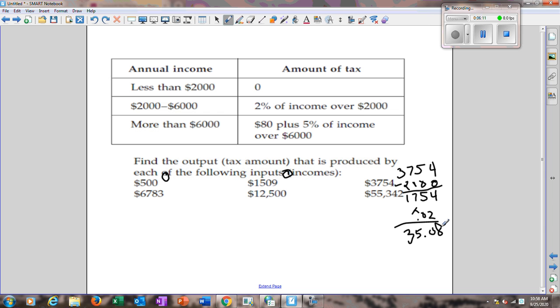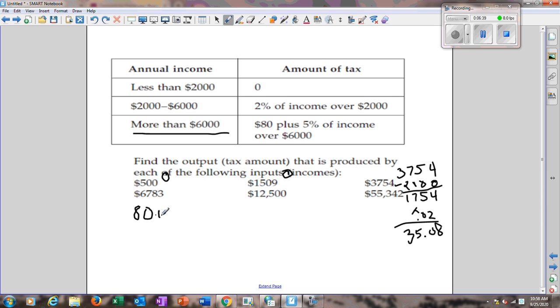Move on to the next one, 6,783. So that falls into this third category here. And if it's $80, that's everything that's included in here. So I start with $80 plus 5% of the income over 6,000.